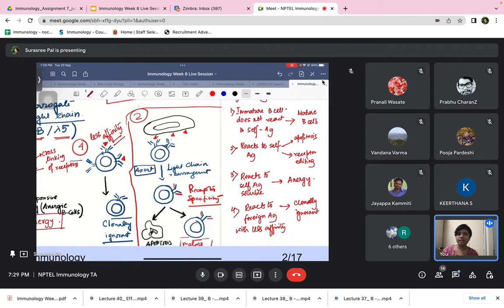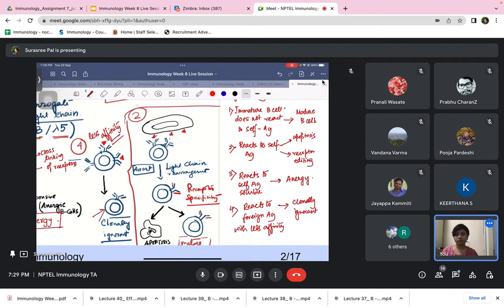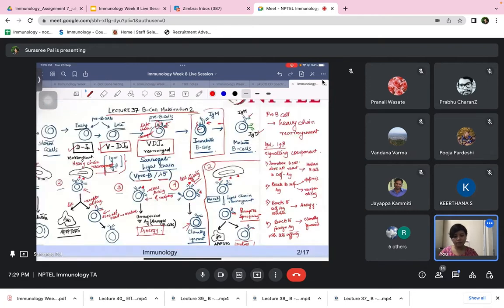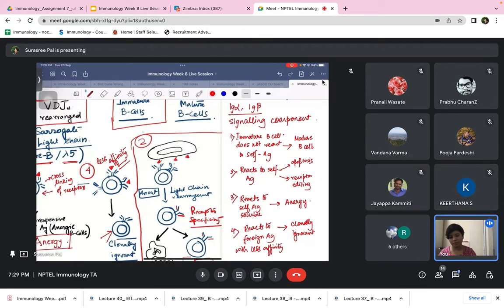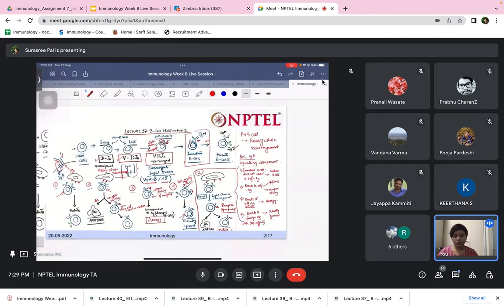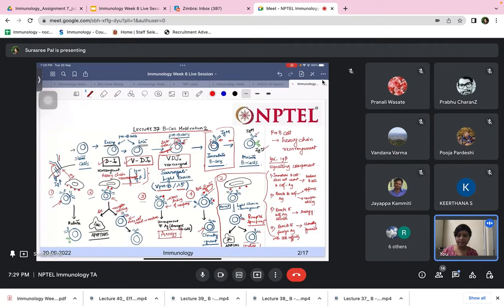If there is some pathogen and the B cell interacts with very low affinity, then it might not induce the signal required to eliminate that foreign antigen, right? Which is why this population becomes clonally ignorant. So they still mature, but they are not allowed to interact with antigens anymore. So these four are the fates which can happen to an immature B cell while it becomes a mature B cell, right? Does anyone have any question till this?